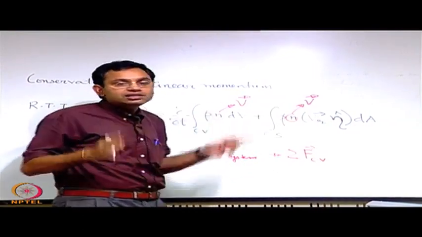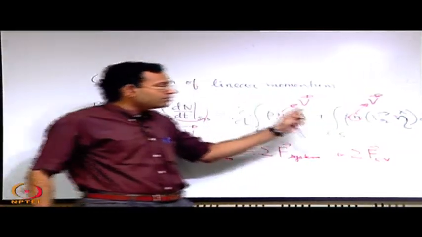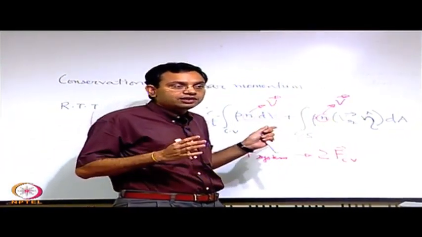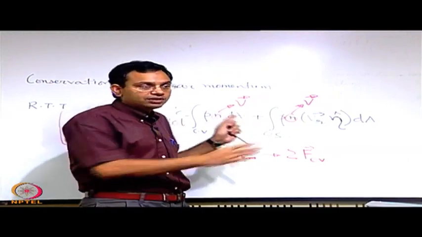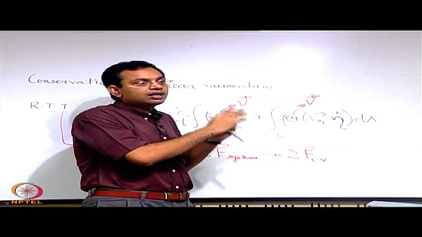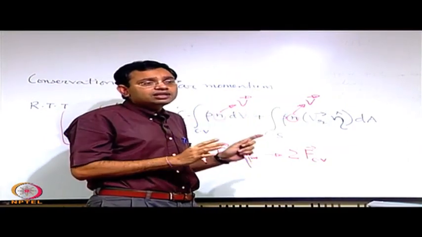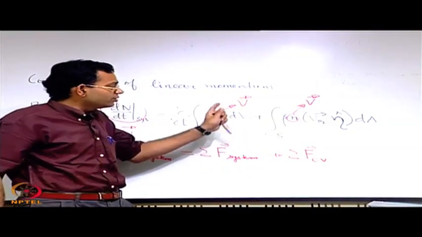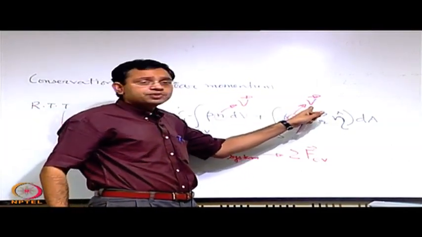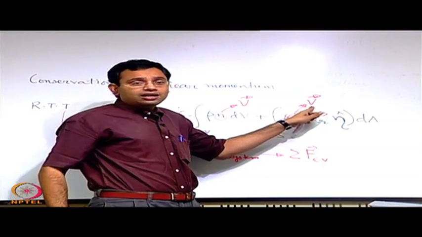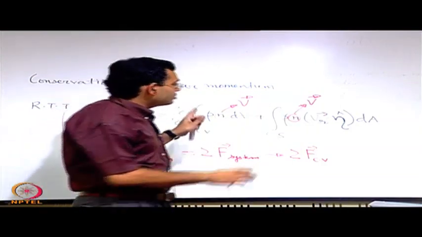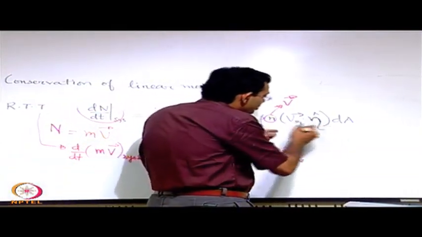So for a non inertial reference frame, what happens to the statement of the Reynolds transport theorem, that we will also see, but here we are considering inertial and a special case of inertial which is stationary.